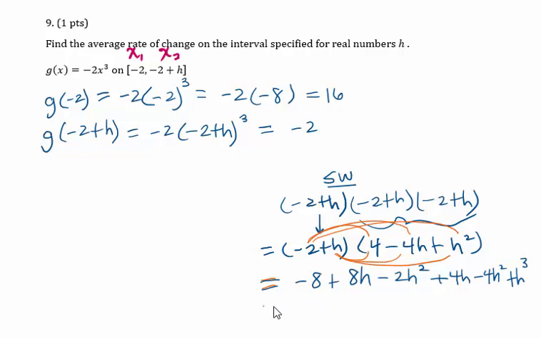And then combine like terms. Negative 8 plus 8h, and then plus 4h, so that'll be plus 12h, minus 2h squared minus 4h squared, so minus 6h squared. I'll write h cubed first, minus 6h squared, plus 12h, and then a minus 8.